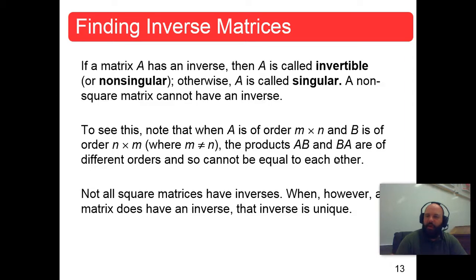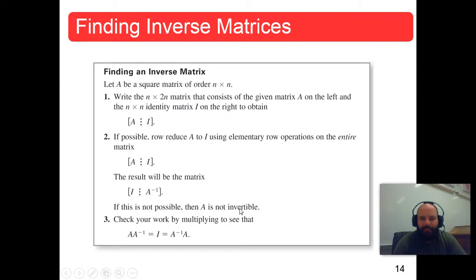As you have inverse operations, addition and subtraction are inverses of one another, multiplication and division are inverses of one another. We have matrices that also are inverses, and we can have additive inverses and multiplicative inverses, and they both look a little bit different. Today, I'm going to show you how to find the multiplicative inverse.